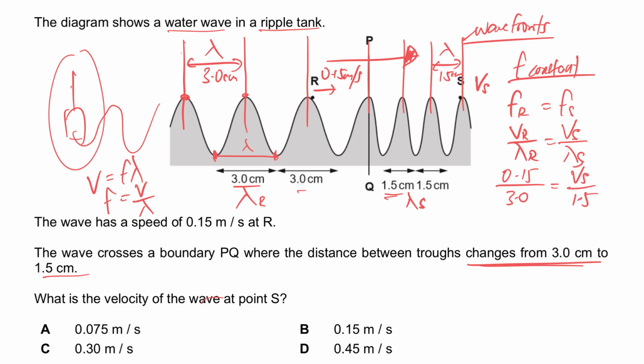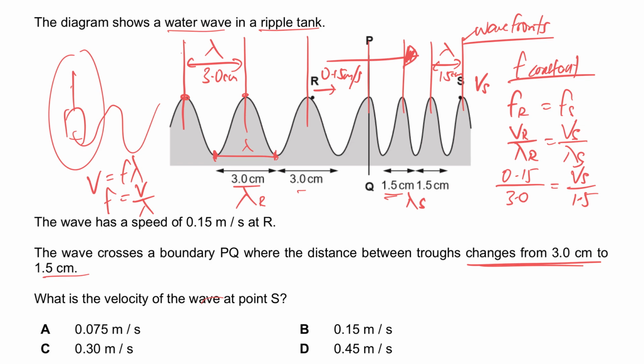Now, why do I prefer this kind of working? Because here the speed is in meter per second, but the wavelength is in cm. If we were to find the frequency, all of these must be in consistent units, so I would need to change cm to meters. But if you do your working this way, it is more straightforward, because as long as the wavelength is in cm on both sides, you need not change it because it will cancel off.